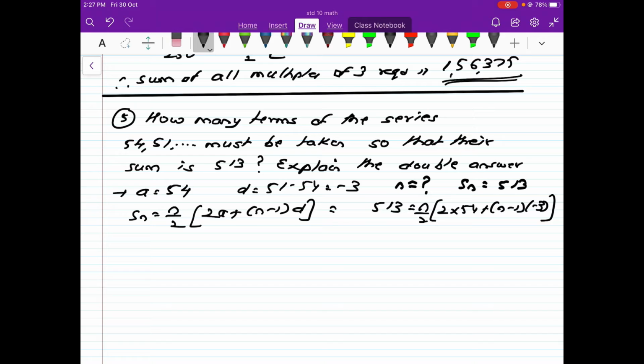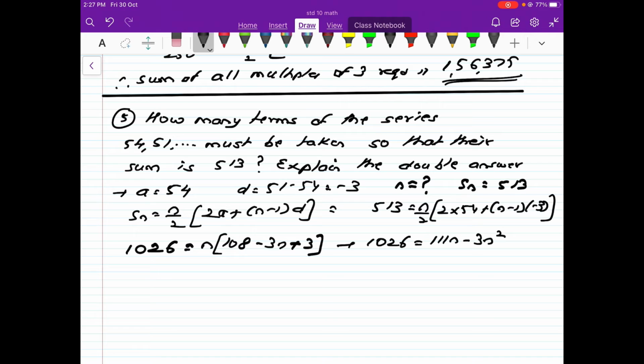When we cross multiply 513 and 2, we will get 1026 is equal to n into 108 minus 3n plus 3. So 1026 is equal to 111n minus 3n square.